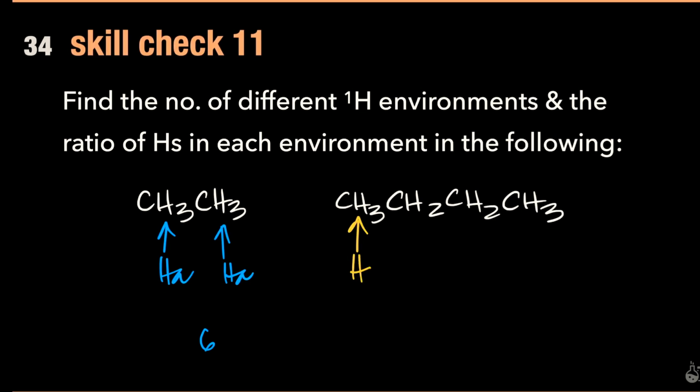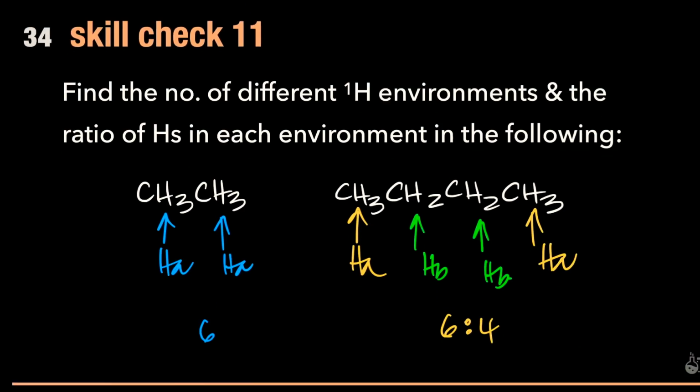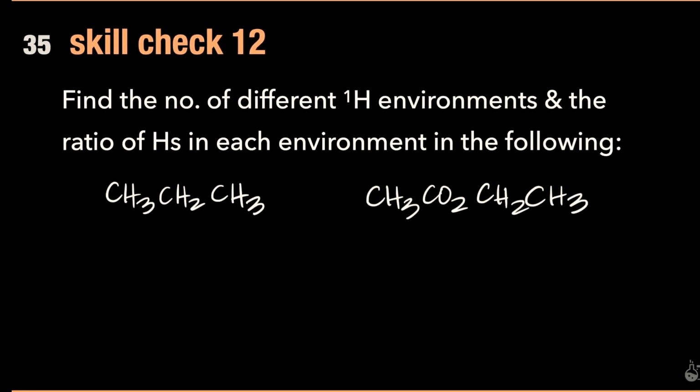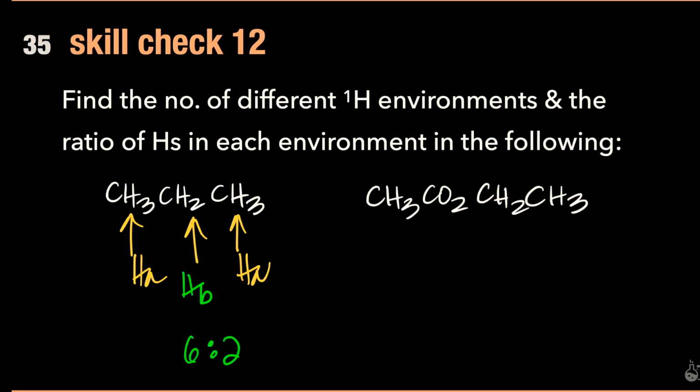It's symmetrical, so these 2 are the same, and 6:4, because these guys will be H. Yeah? What about this one? This is symmetrical, but the 2 CH3s are the same, and this one is H, let's say 6:2.